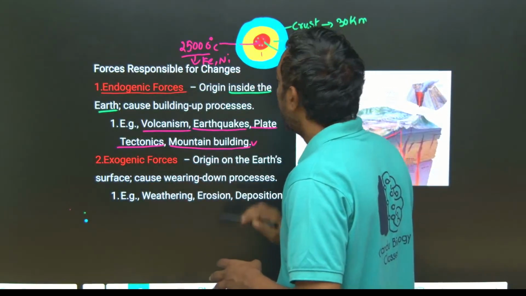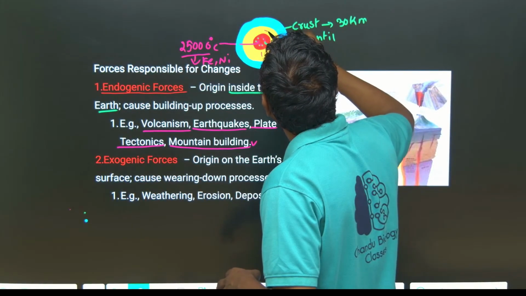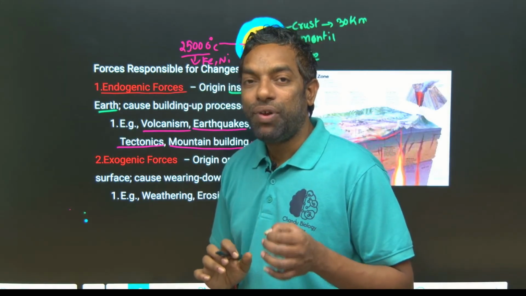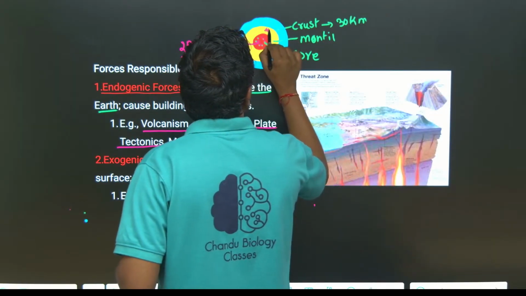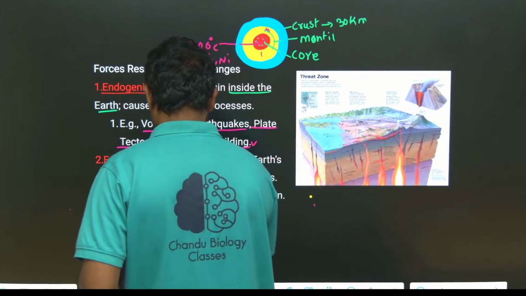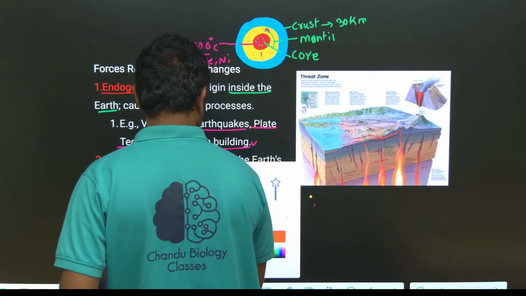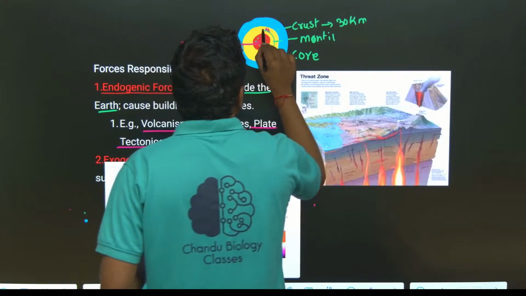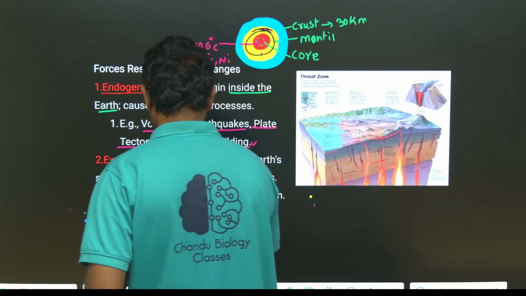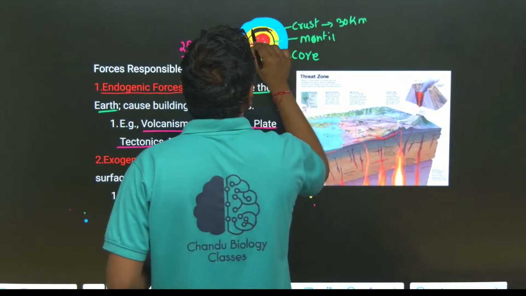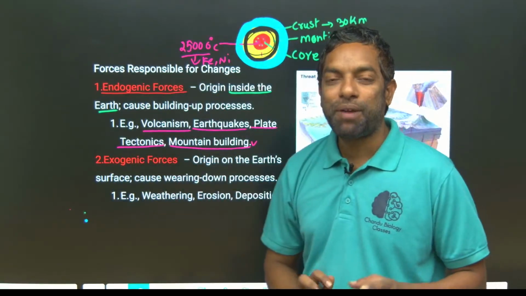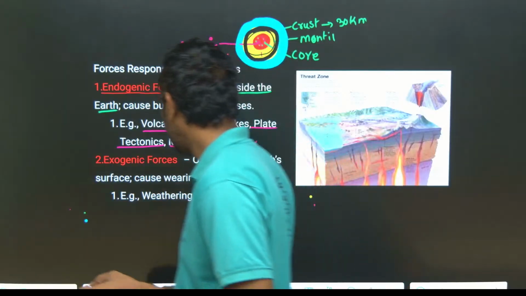If any forces are created inside the earth, either in the core or the mantle, there is an area of the mantle that is melt, actually a fluid-like structure, like a solution, in the upper mantle area, guys. The upper mantle area creates a solution here, and a high volcanic eruption takes place.